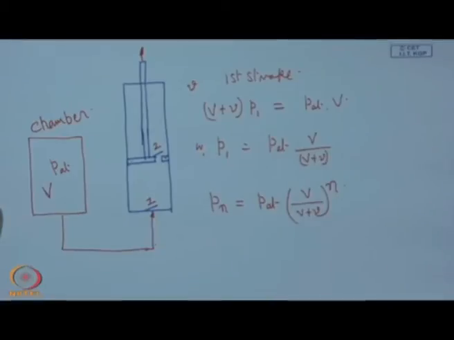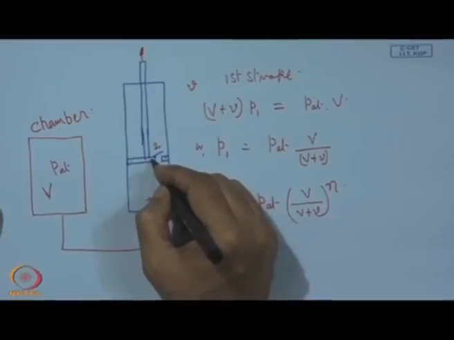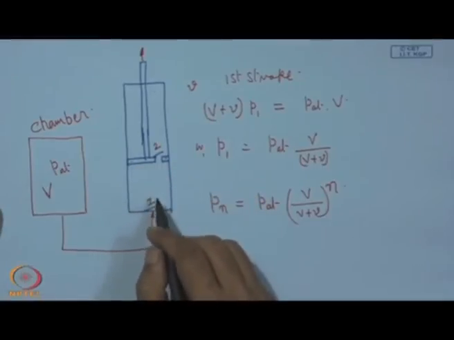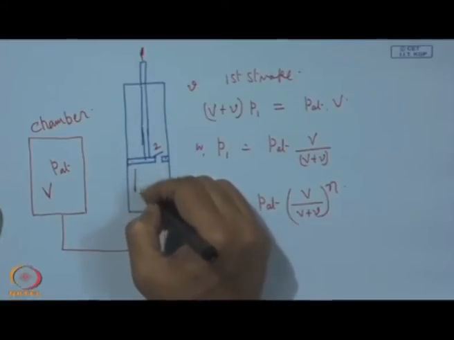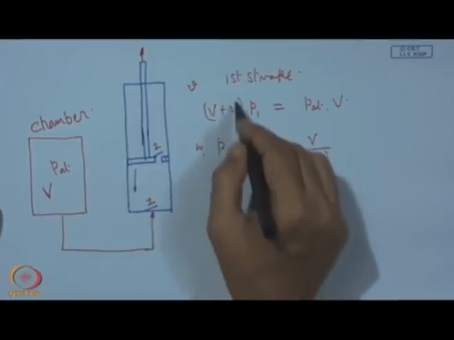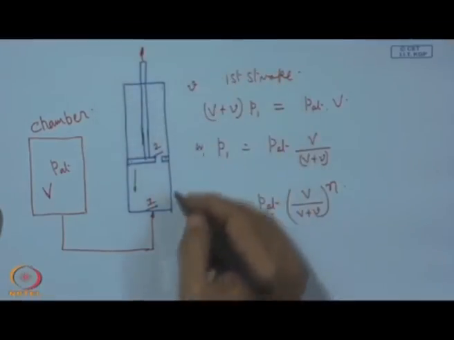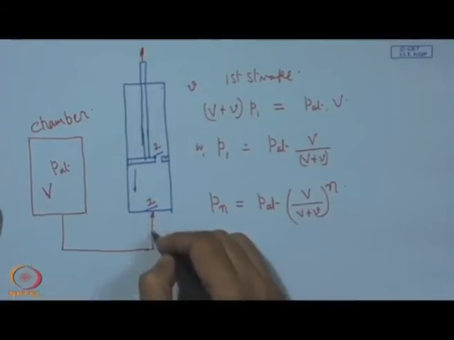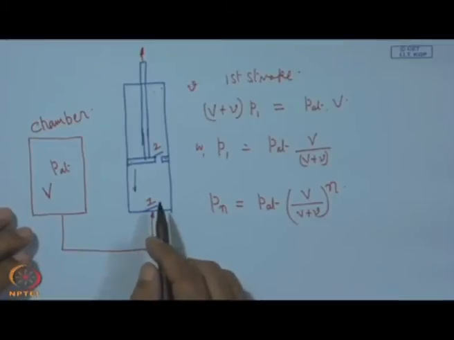Here we have to look at a very important thing: during its downward movement, the piston comes down, and the whole gas which was admitted within this volume V is trapped, as the port will be closed. The connection will be cut off, and in that case what is going to happen?